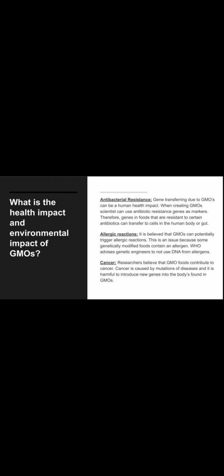That antibiotic resistant gene can then transfer to the human body or gut via consumption of the GMO food. I will also discuss antibacterial resistance later on in this presentation to give you a clear understanding.